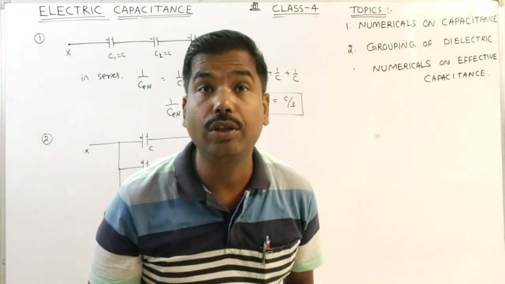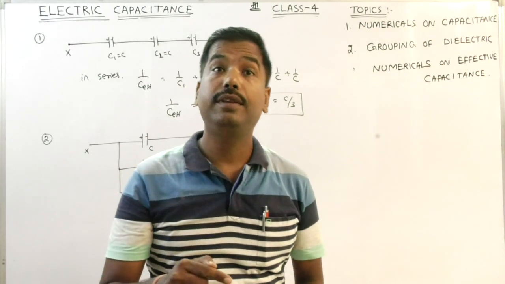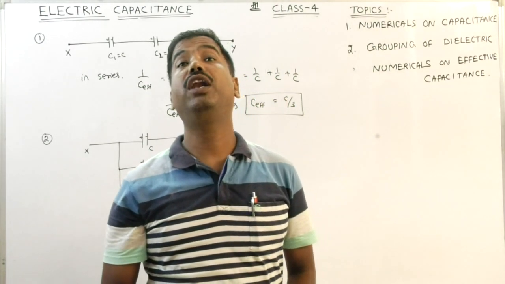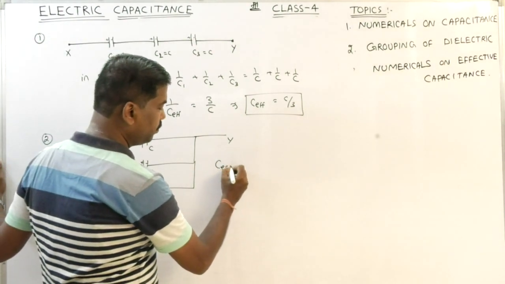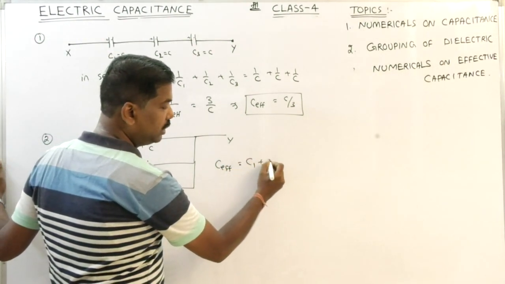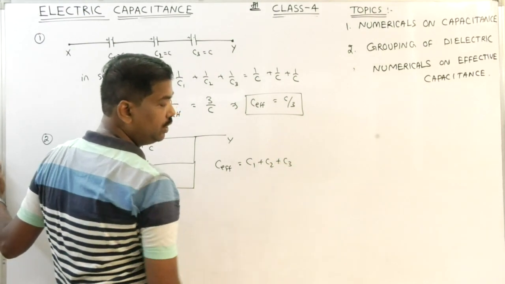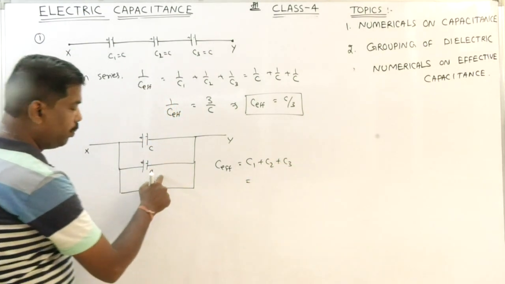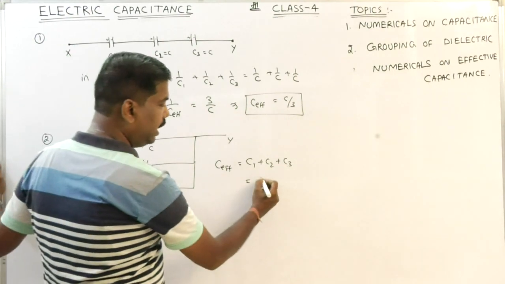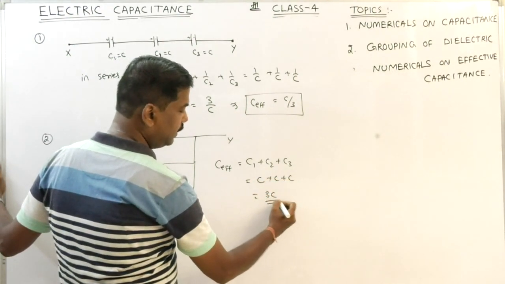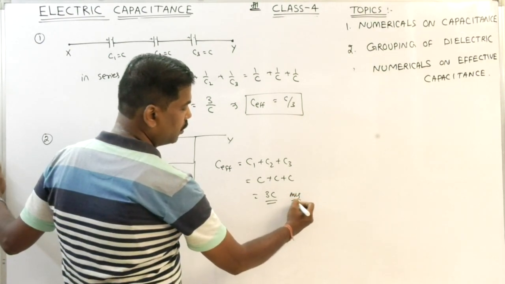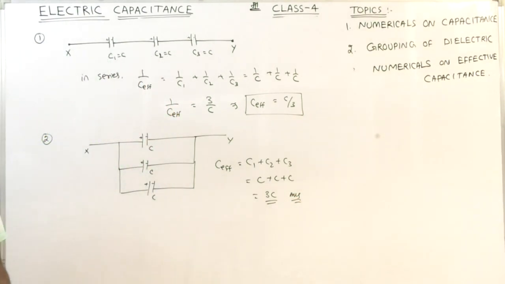If this is the condition, then it is called a parallel combination. In a parallel combination, the effective capacitance is how much? C1 plus C2 plus C3. But here the 3 capacitors are identical, so I can write C plus C plus C. It is nothing but 3C. Clear?